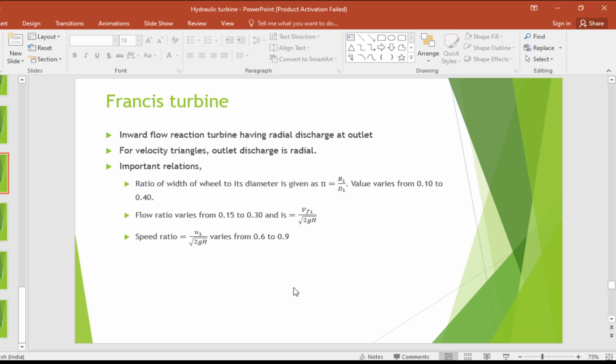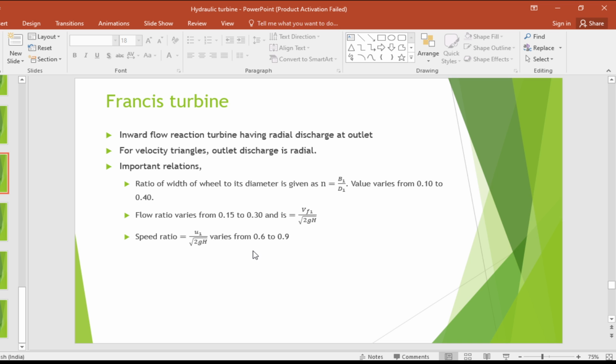Now, if we are going to draw the velocity triangles for inlet and outlet of the Francis turbine, then they should be drawn in the same manner as for the other types of turbines, inward flow and outward flow. The way is the same here. The only thing is that the Francis turbine, as I have already explained, has the radial discharge at outlet.